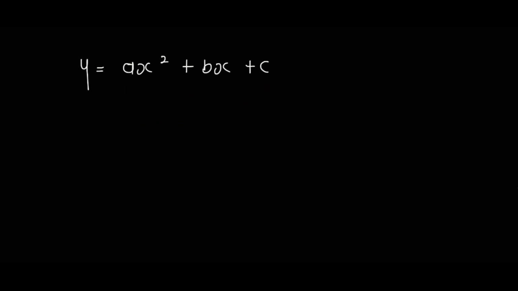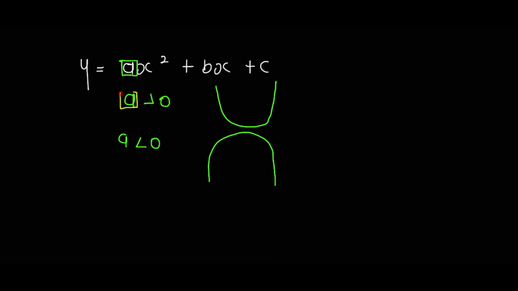And we know that if a is greater than 0, this means we have this shape, and if a is less than 0, this means we have this shape. So for our position time graph, let's see what the acceleration is.